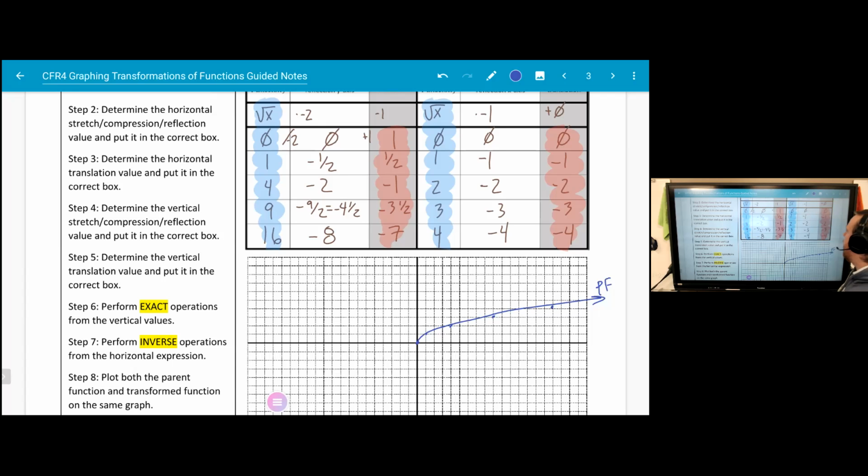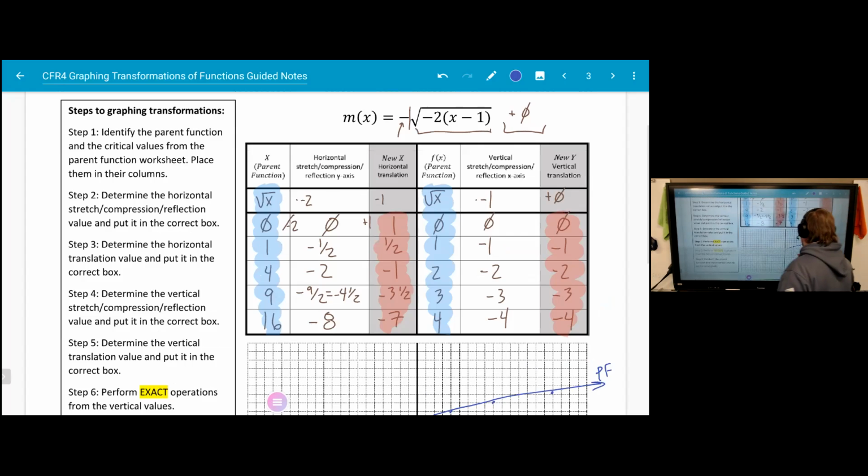Now we need to look at our transformed function. Our transformed function, oh man, I already forgot. What do we call it? M of x.